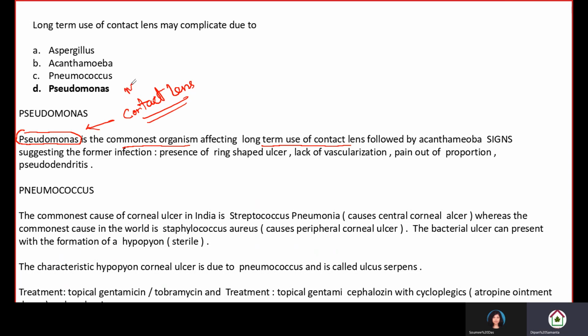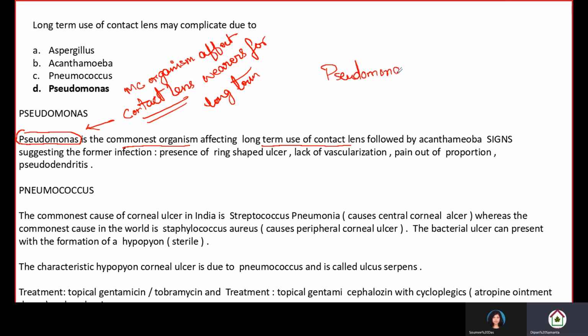It is followed by acanthamoeba. Signs suggesting the latter infection: presence of a ring-shaped ulcer, lack of vascularization, pain out of proportion, and pseudodendritic keratitis.